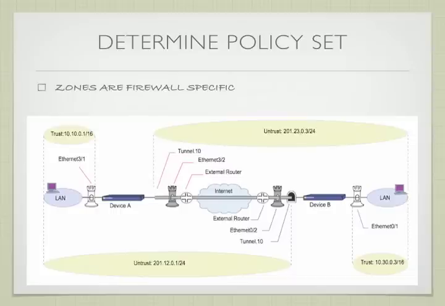If you want to put all the remote offices in a zone separate from untrust, a VPN zone, you can do that. You can get as narrow or as broad as you want. If you want the remote site to be in the same zone, in trust network zones, you can do that. So this is just an example using a remote is untrust, local is trust example of setting up your policies.